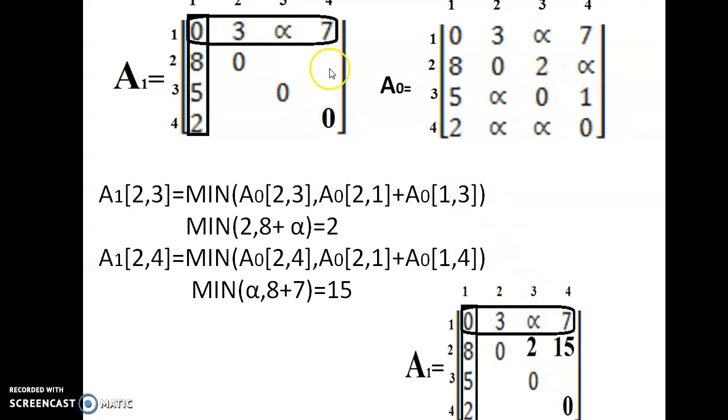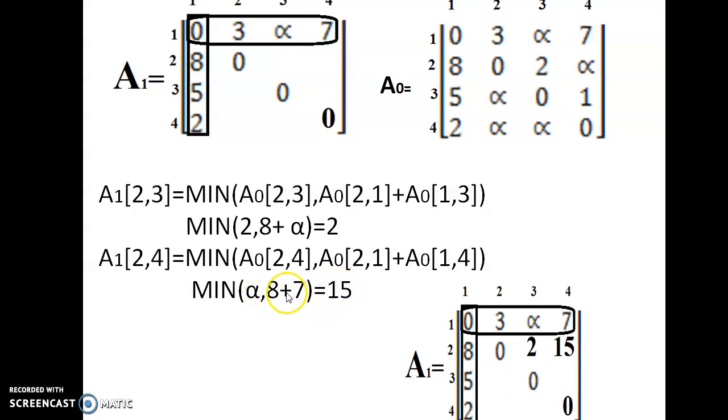And this value we find as the minimum of A0 of 2 4 and A0 of 2 1 plus A0 of 1 4, that is the value present in the row and the value present in the column. 8 plus 7 is 15.